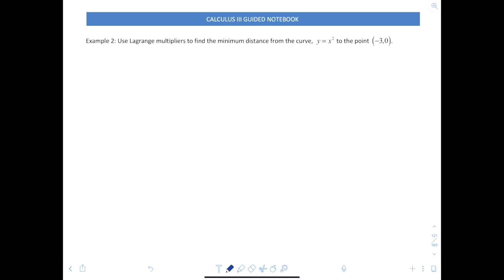So we can let f be the square of the distance. And it's, of course, the square of the distance between y equals x squared and the point -3, 0.